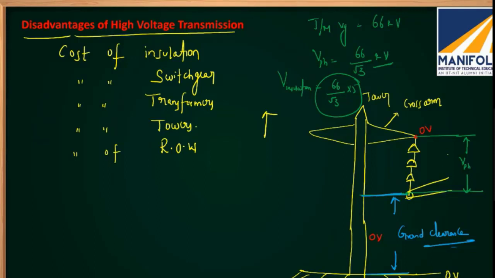And the third point is switchgear. A breaker that closes 33 kV, a breaker that closes 132 kV, or a breaker that closes 400 kV, the design and operation cost will be different.